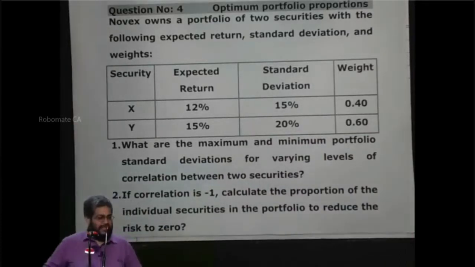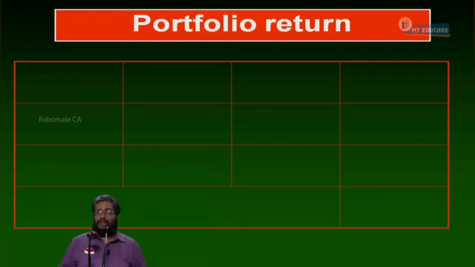Portfolio return. Step 1, portfolio return. The question did not ask you to calculate portfolio return. I am just calculating it, that's all. Okay, portfolio return. Can you start or not? Tell me the columns.